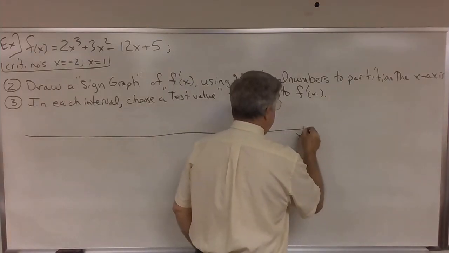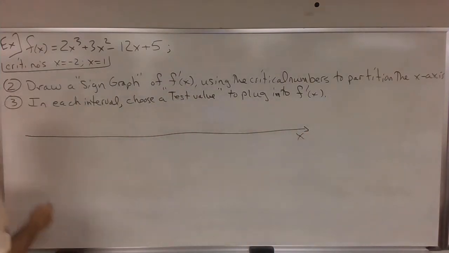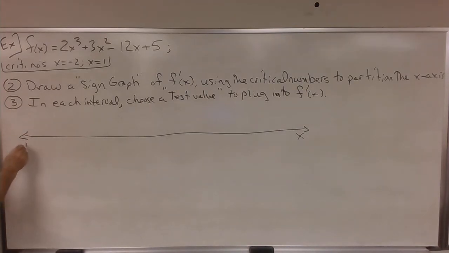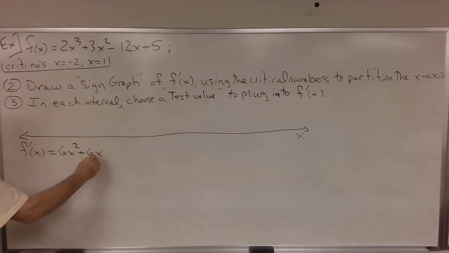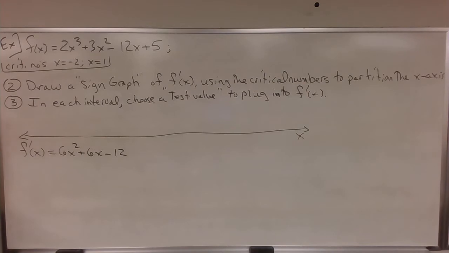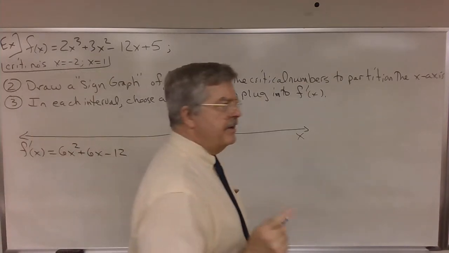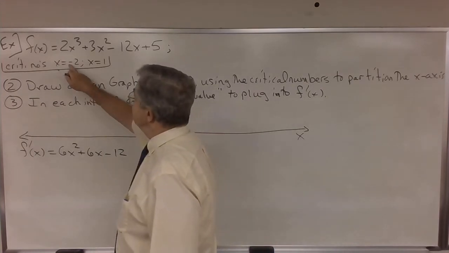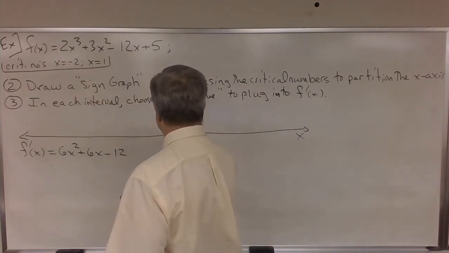So here's my sign graph of f prime of x, and I have two critical numbers, x equal -2 and x equal 1.